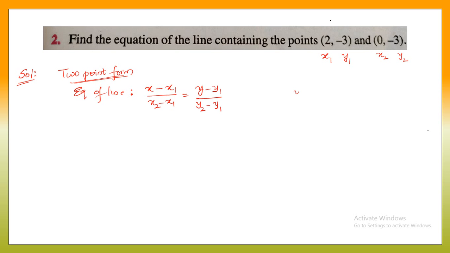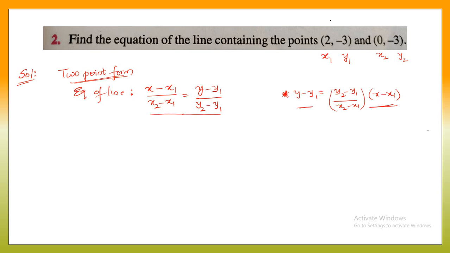Otherwise you can write this as y minus y1 is equal to y2 minus y1 by x2 minus x1 into x minus x1. You can remember any of these formulas. Since the first looks somewhat symmetrical, we are going to use this form. Otherwise, if you want to remember it as such, you can remember it in this way.